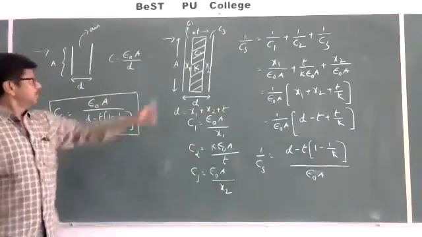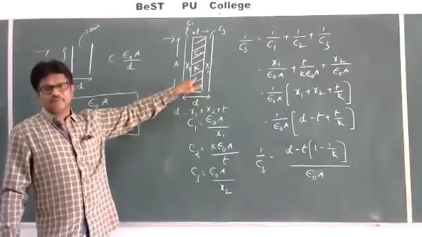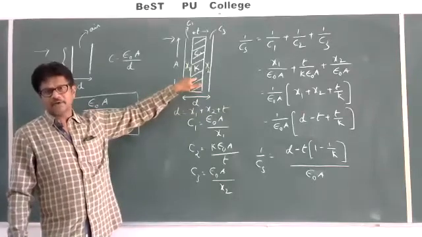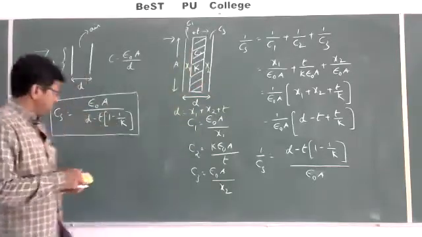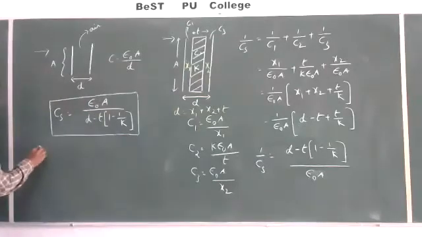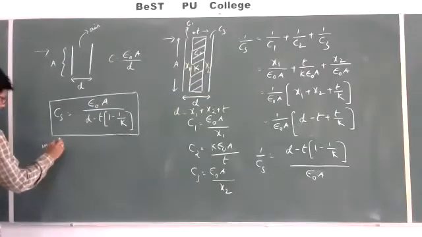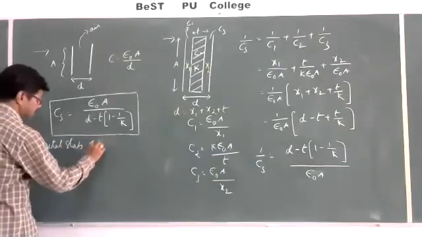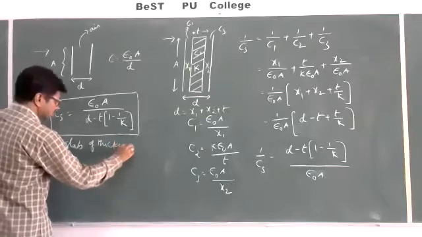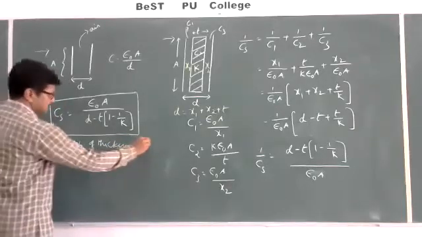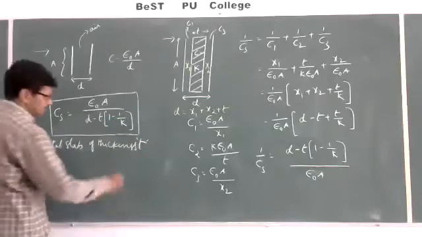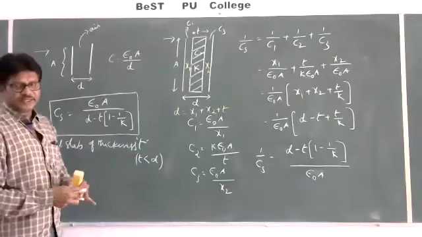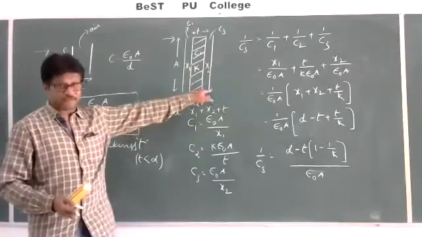Instead of a dielectric slab, if I take a metal slab of thickness T, where T is lesser than D. If T is equal to D, then it is completely filled.